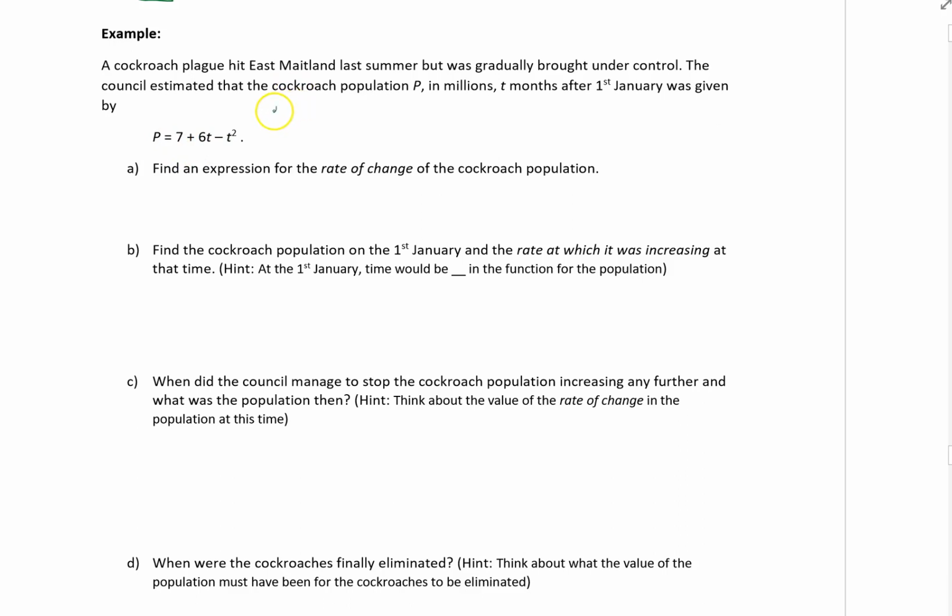If that was Y in terms of X, and I'm going to write it as minus X squared plus 6X plus 7, then I know that that graphs to give an upside down parabola. Now, going back and putting my P on it, so this would be P on the graph.